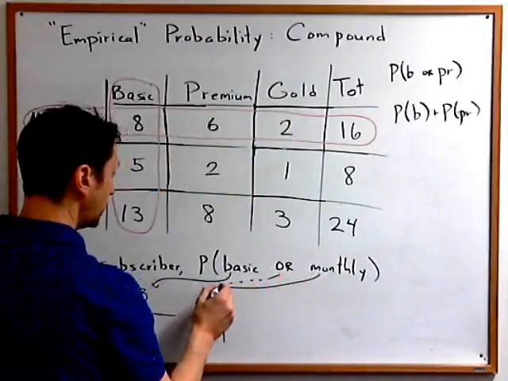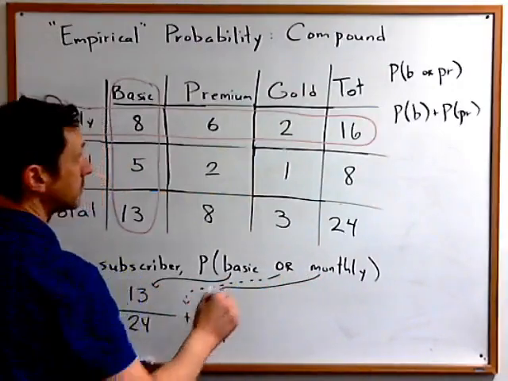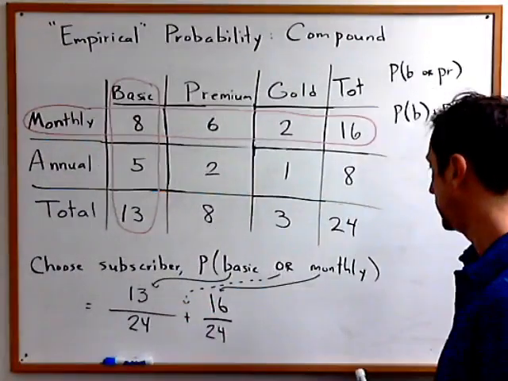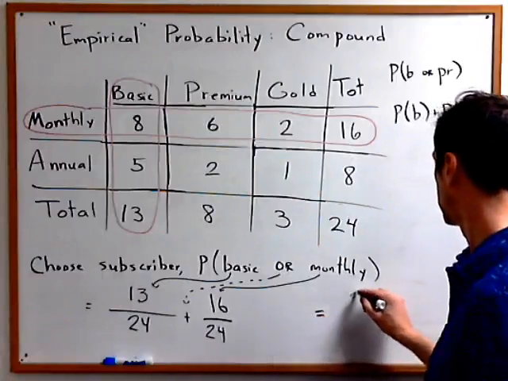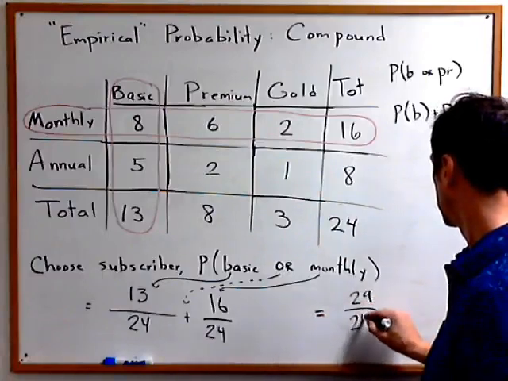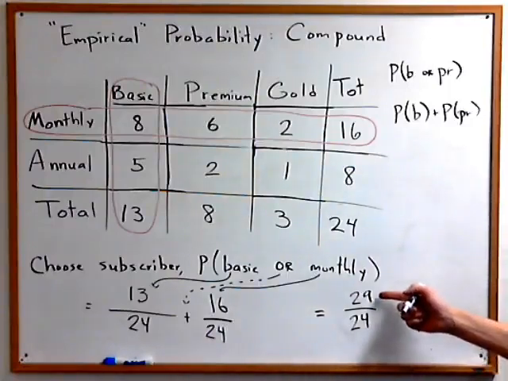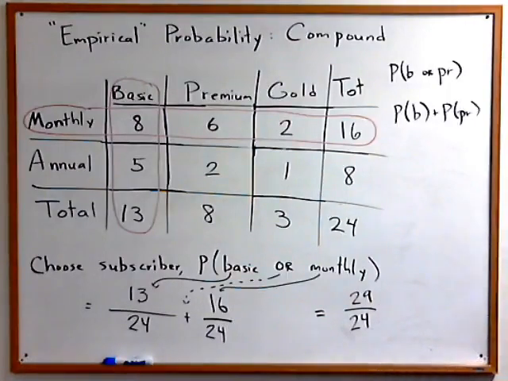And what does or mean again? Or means plus, right? We just talked about that formula. Okay, well, 13 plus 16 is 29. So would the answer be 29 out of 24? No, because that's impossible. You can't have a probability that's more than 1. There can't be 29 people out of 24. So something is complicated.